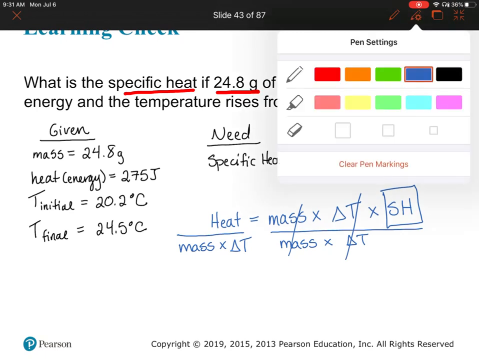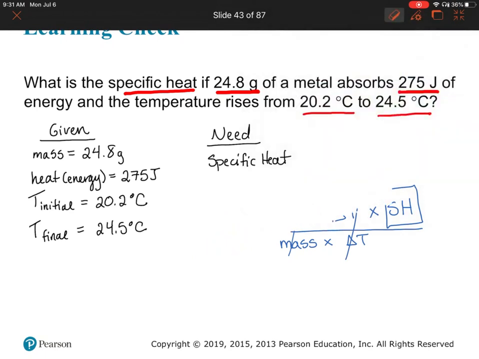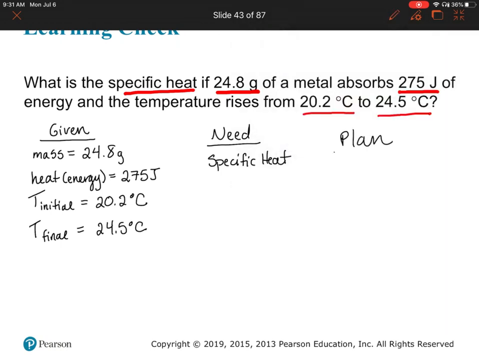All right, so I'm going to rewrite that equation. Okay, so our plan is to use this equation here. Okay, so let's plug in everything we know into that equation.